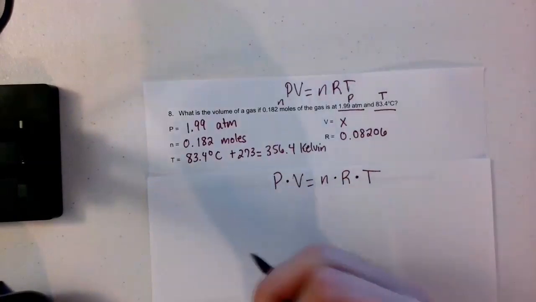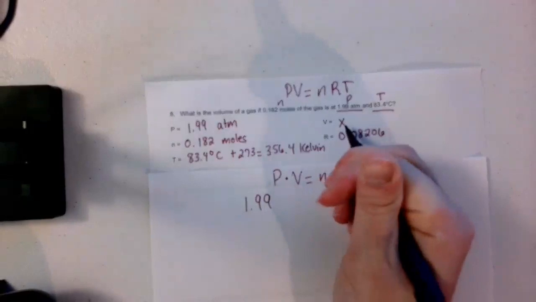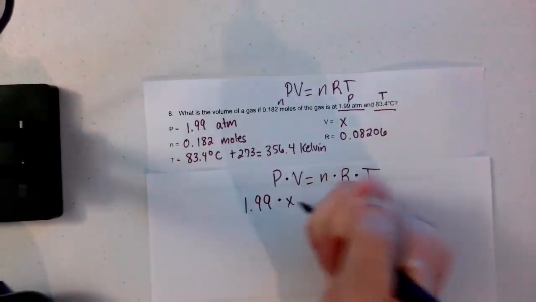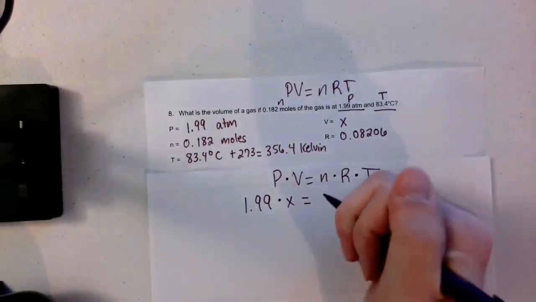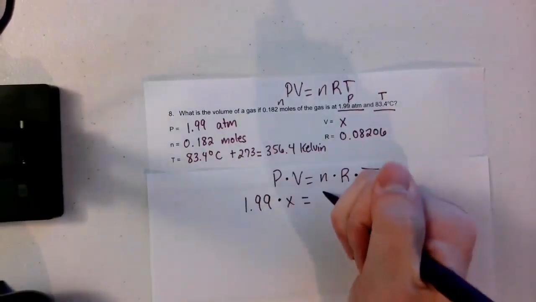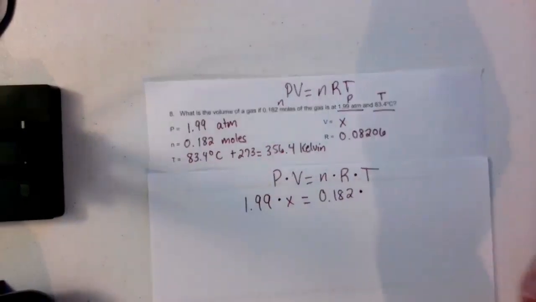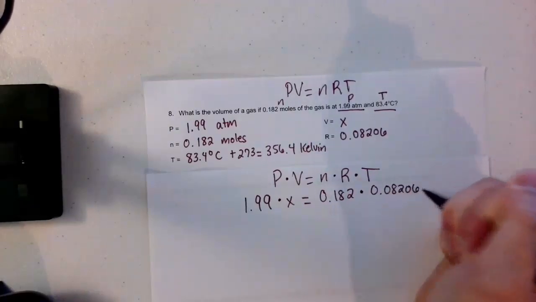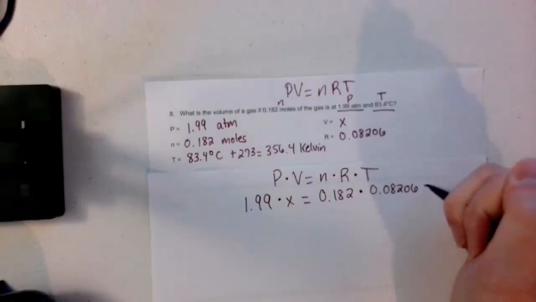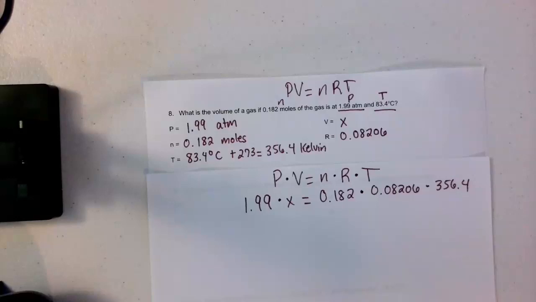So the P was 1.99, so I'm going to write 1.99 times the V, which was x, so times x, equals the n, and the n is going to be 0.182 times the R, and the R is going to be the same number, 0.08206, times the temperature, which is 356.4.